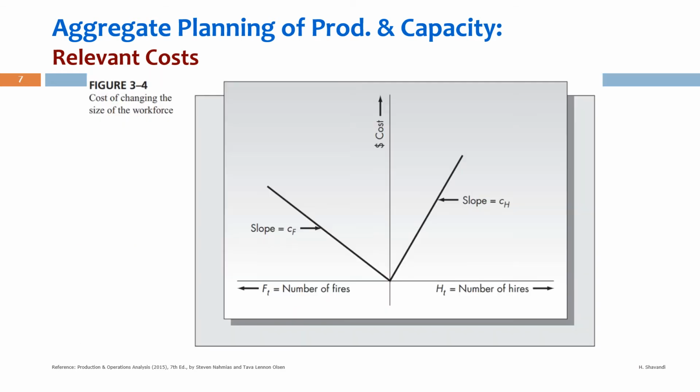Okay. As you see here, we are assuming linear functions, so the slope is not changing over the magnitude of the change. The slope is constant, but the slope of hiring, CH, is different from the slope of firing, CF. Okay.